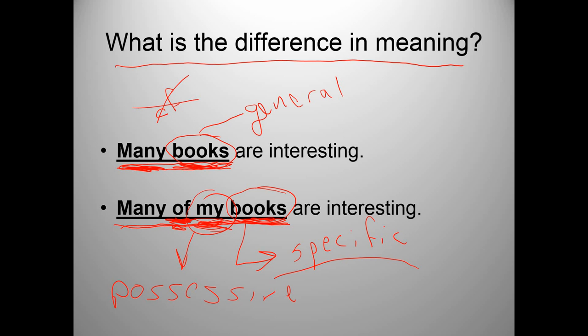And one way I can make that noun specific is by using a possessive form. I could use a possessive adjective like my, his. I could also use a possessive noun like many of Dan's books are interesting.